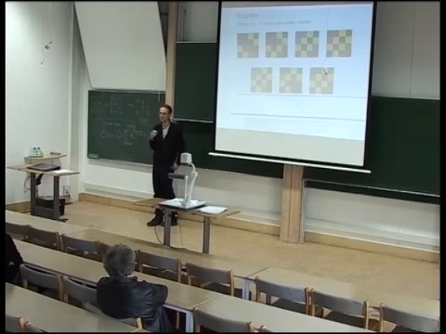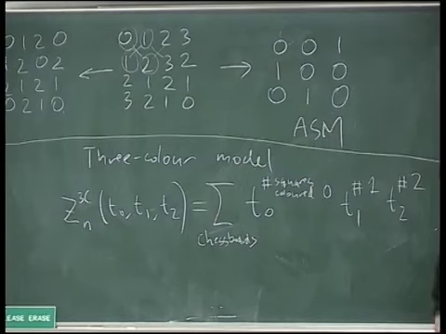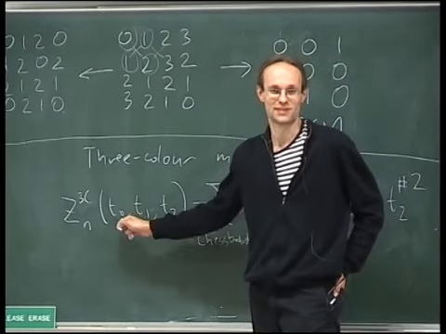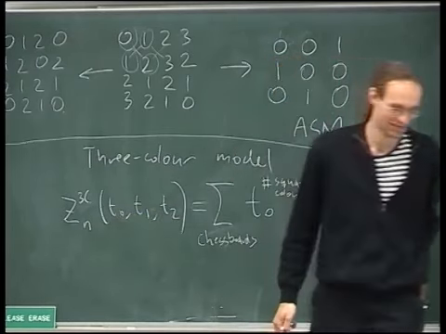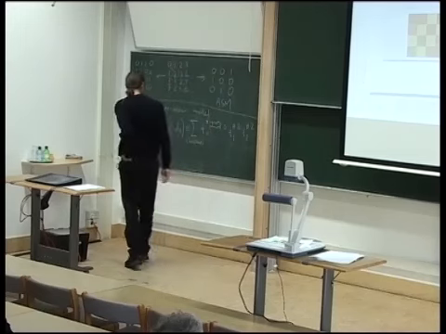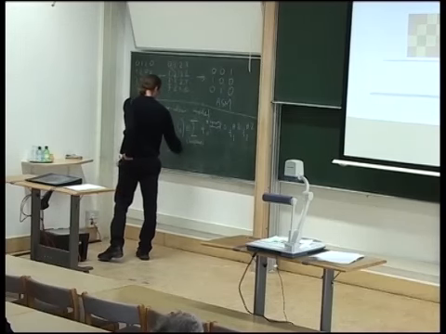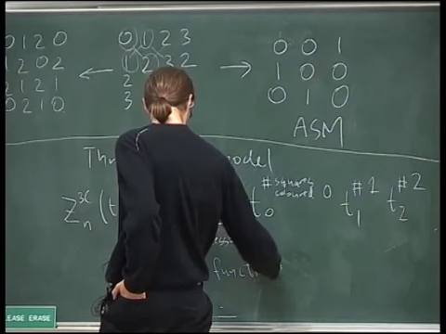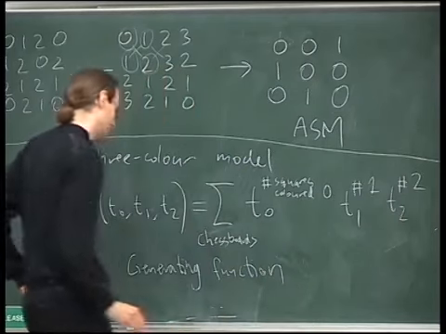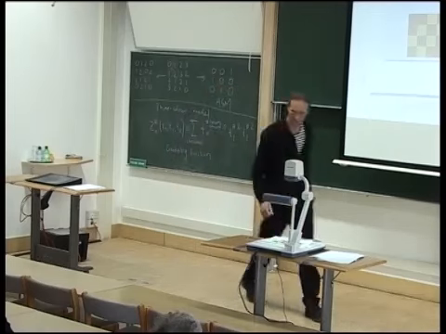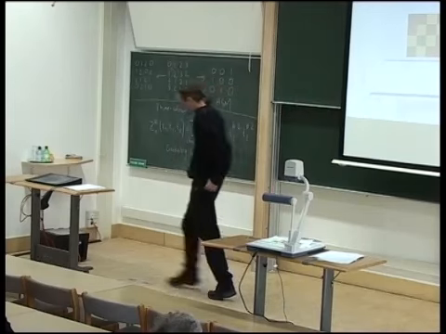So it's nothing but the generating function for the, well, joint statistics of these 3 colors on the chessboard. But if you decide to call that a partition function, then it means you are considering the 3-color model. But I mean, it's really a generating function that counts. So that's what I mean when I say it's something purely combinatorial.